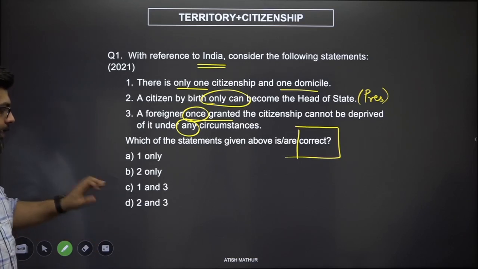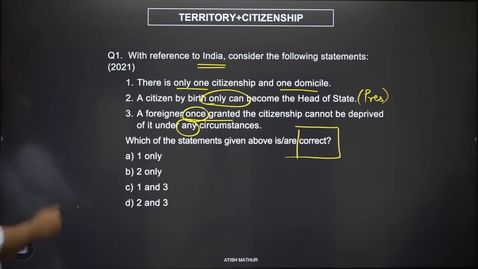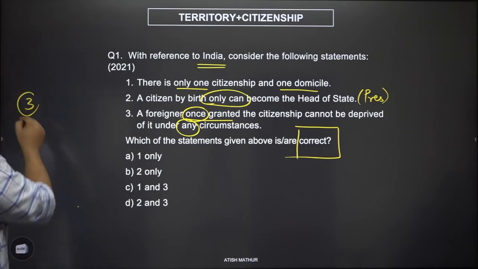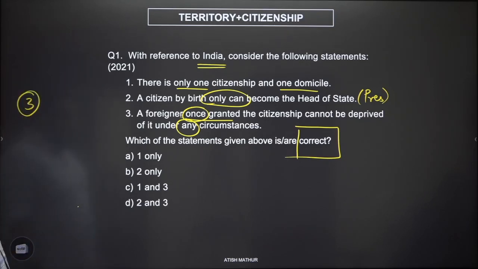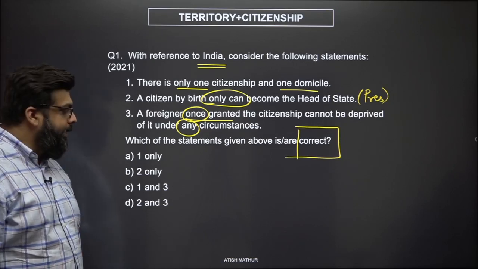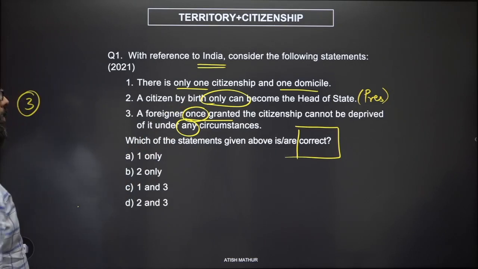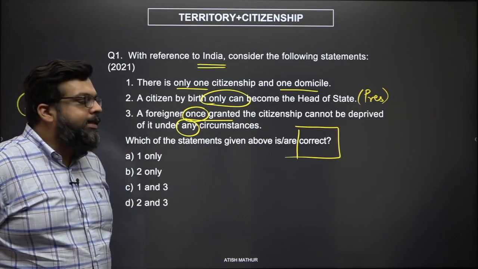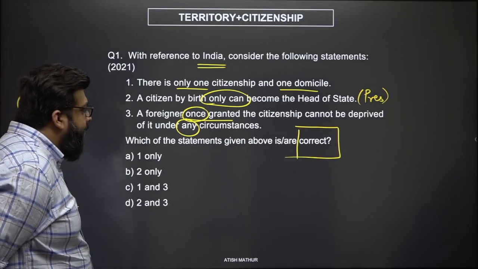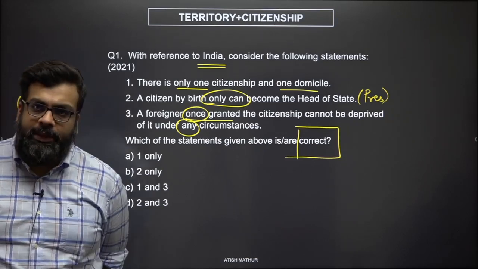Now, as we glance through the options, we see that option number 3 is present in 2 of the options. So if I can eliminate option number 3, I'll only have to choose between option number 1 and option number 2. What does option number 3 say? A foreigner once granted citizenship cannot be deprived of it under any circumstances.